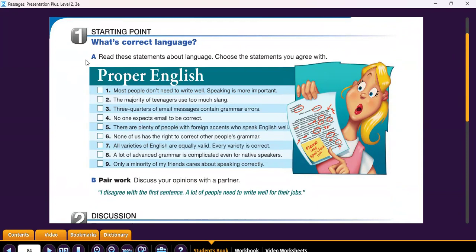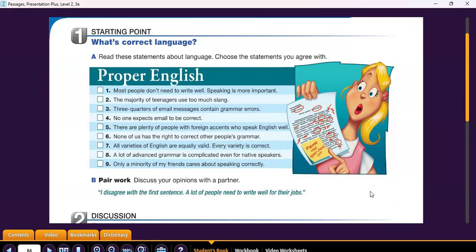And now with the technology, when we, for example, text messages, we use another type of language. So here we're going to learn about statements about language and choose statements you agree with. Okay, read the statement and then tell me if you agree or not.